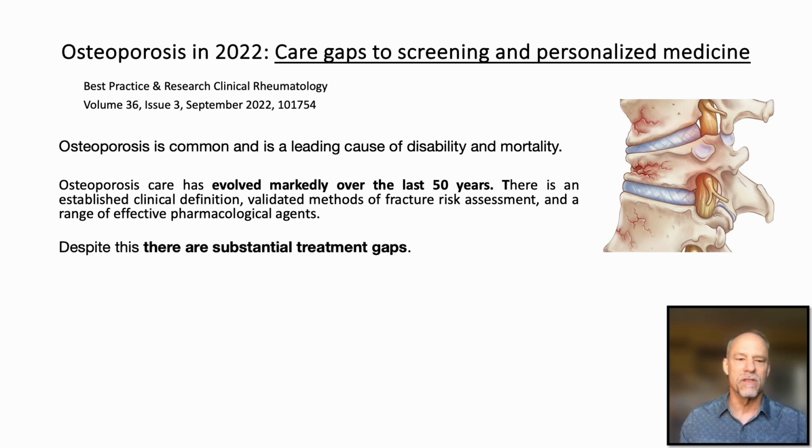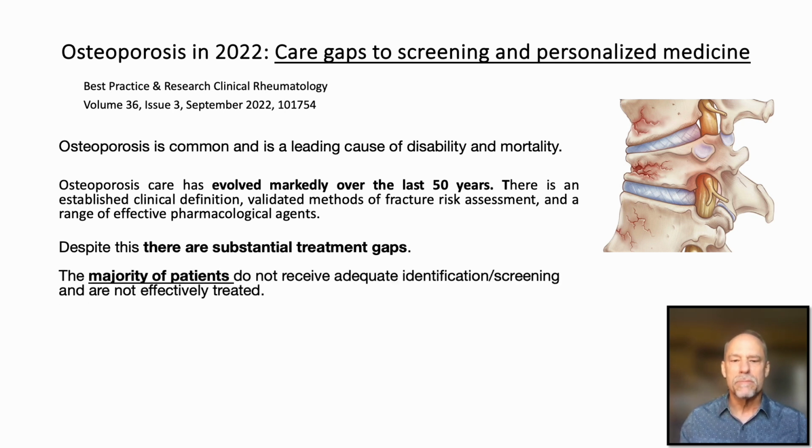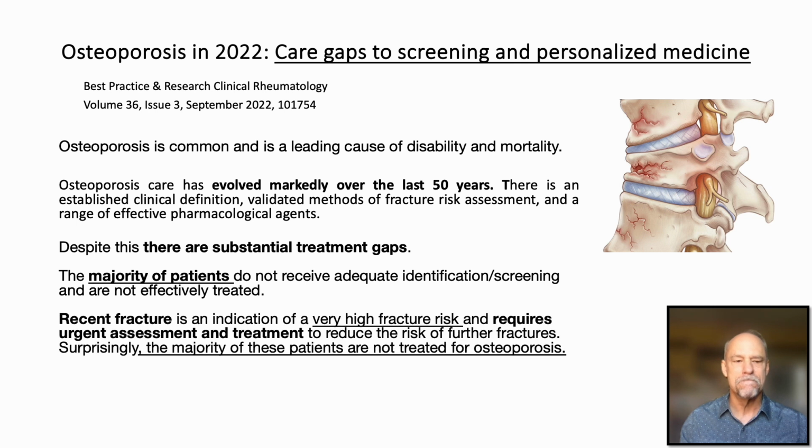Effective medications that can be used safely. Despite this, there is really a large treatment gap. That is, the majority of patients with osteoporosis do not receive adequate identification or screening. And it's known that a person who's had an osteoporotic fracture is at significantly higher risk. And even these patients, as I'll show you in the next slide, the majority are not treated for osteoporosis.